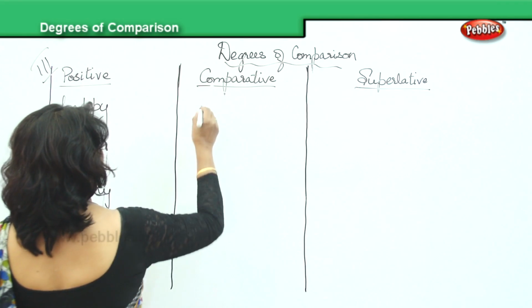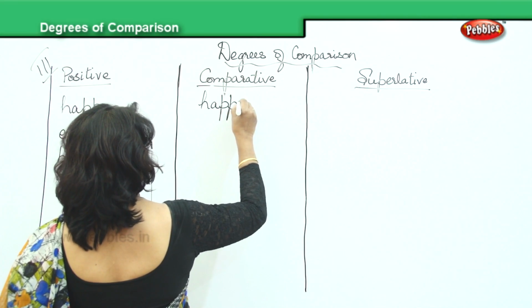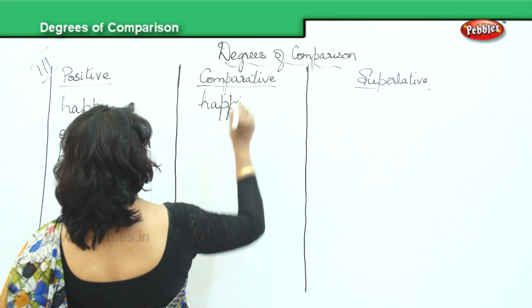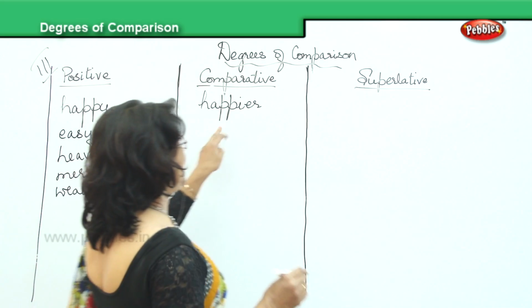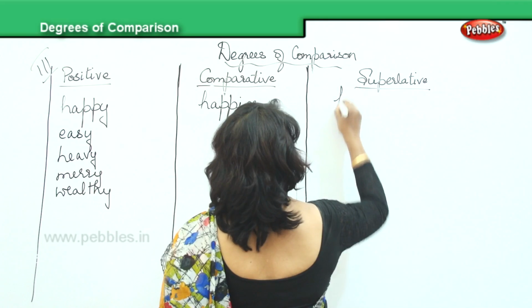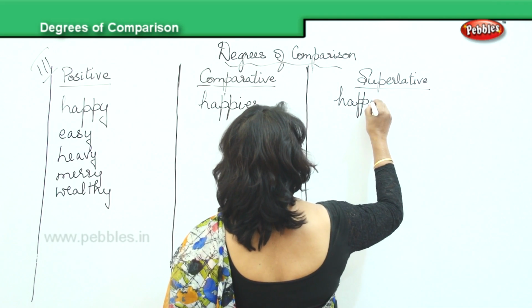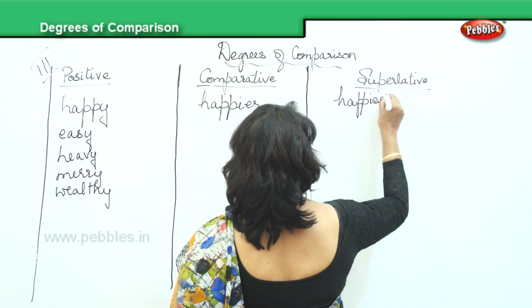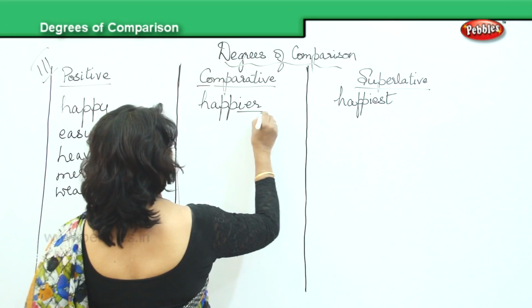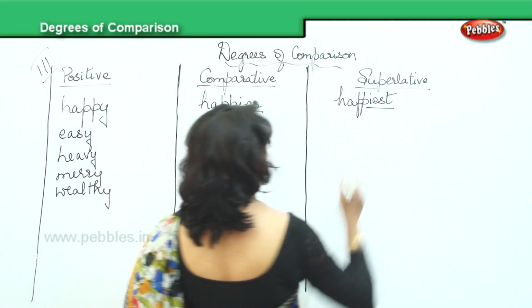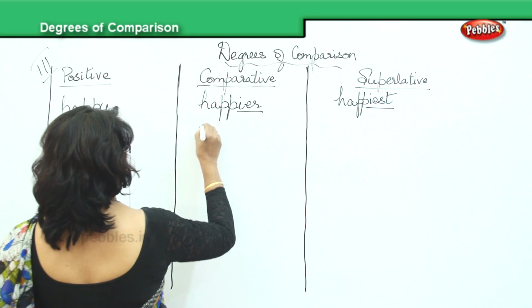Now take away this Y and add I and then add ER. Happier. Now take away Y, add I and EST. Happiest. Okay, so you change Y into I and add ER and EST.